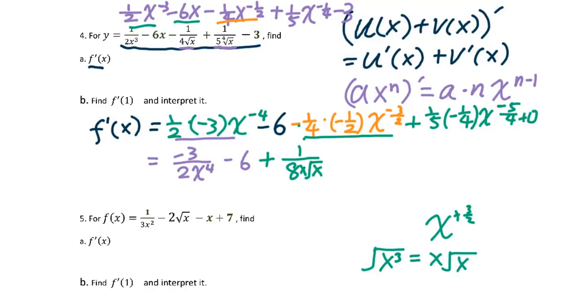Then go to this term. Minus, because positive times negative is a negative. Denominator is 20. Then top is 1. So we're working on x to the 5 over 4th power. Negative exponents means go to denominator.